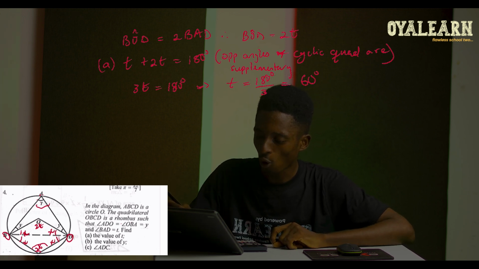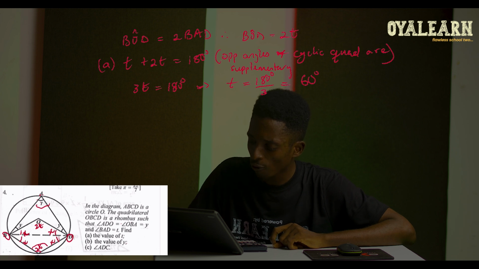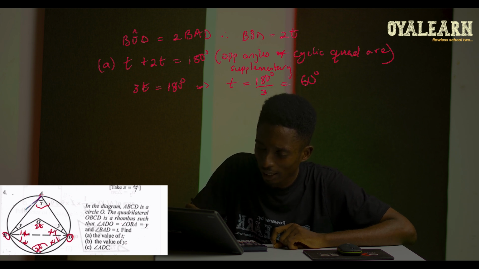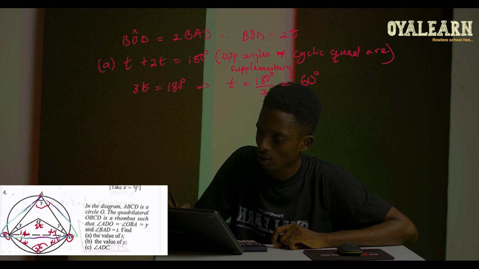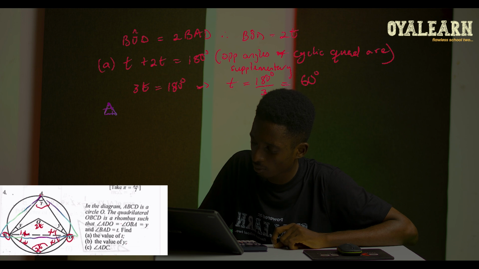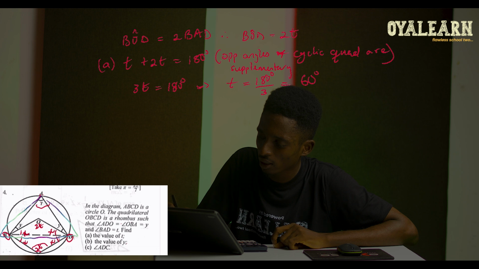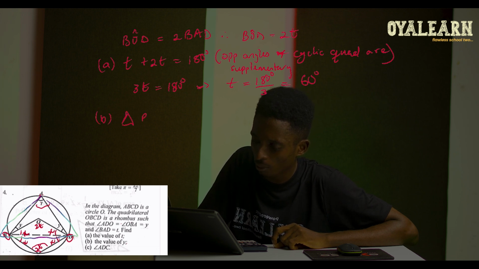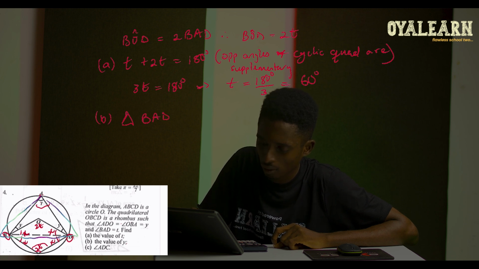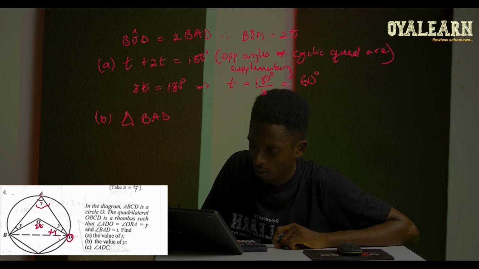Now to solve for y. In order to solve for y, let's look at this triangle here, that is, considering triangle BAD.